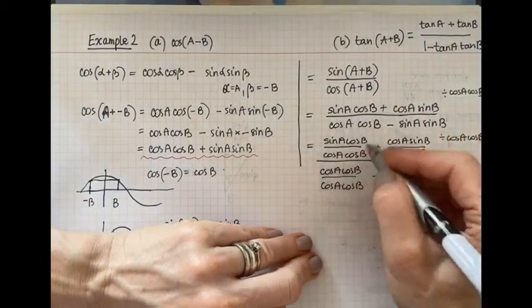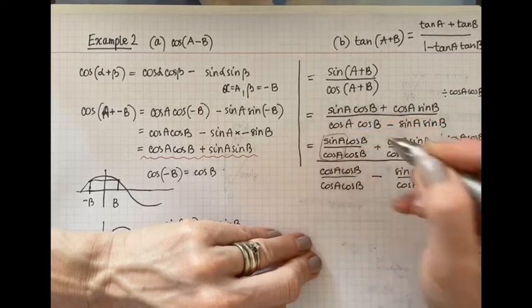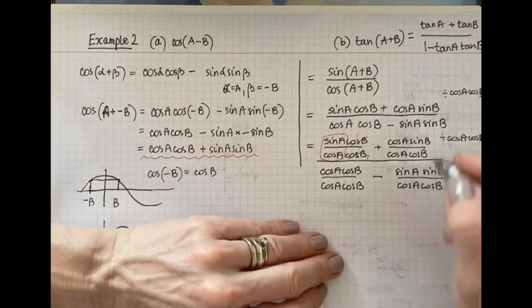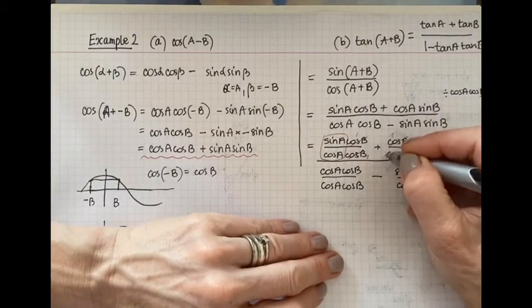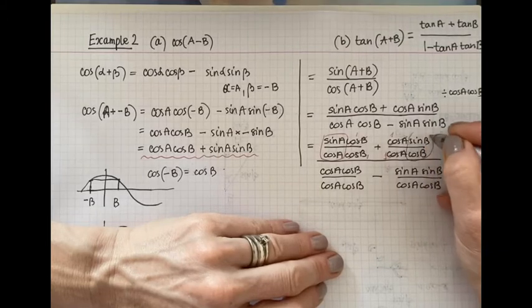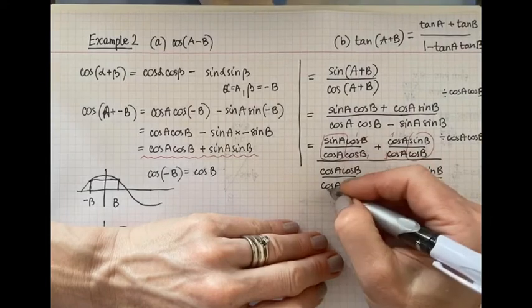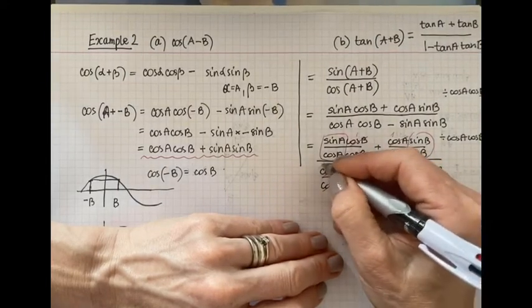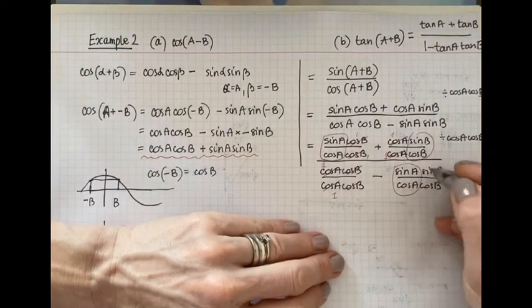So here you've got a fraction. You can see that this will become tan A, and that cancels. I like to put 1 and 1 there. This one here cancels, 1 and 1, and this one will become tan B, and we wanted tan A plus tan B. Over here, cos A and cos A and cos B and cos B, they will cancel and be 1 over 1, which is 1, and there's nothing that cancels over here.